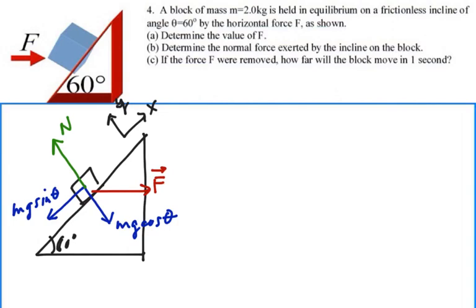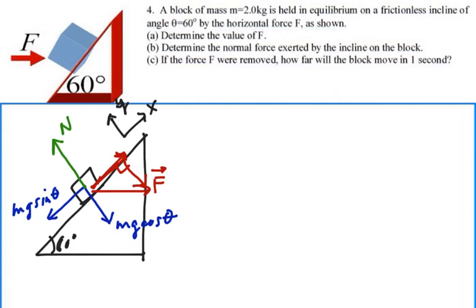It's not cooperating with x and y. We need to break it up into two components that conform to x and y. In particular, we need a component that's going up the incline and one that's going into the incline like this, such that this is a right angle right there. The question is, what are these components? Are they sine or cosine?